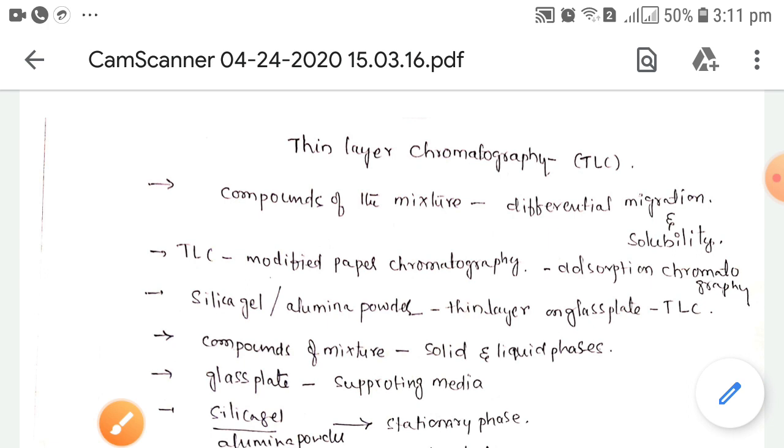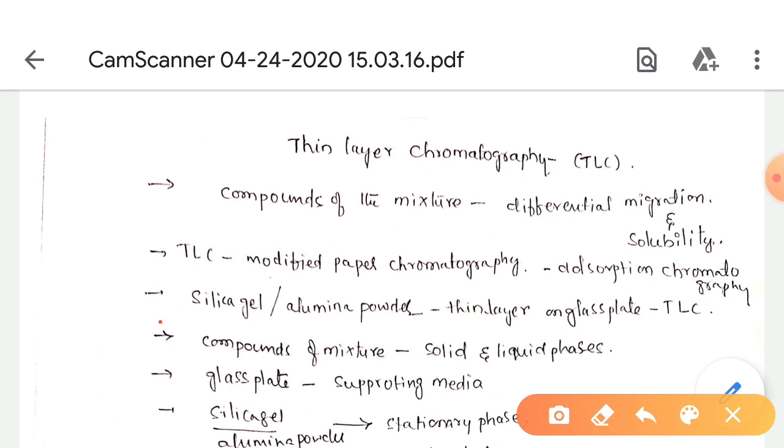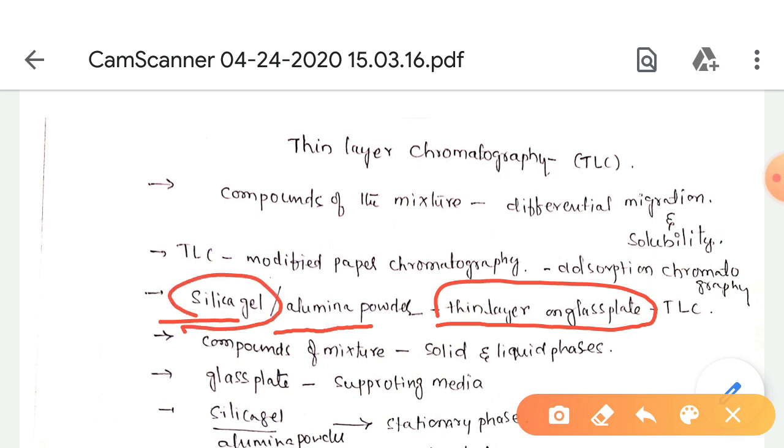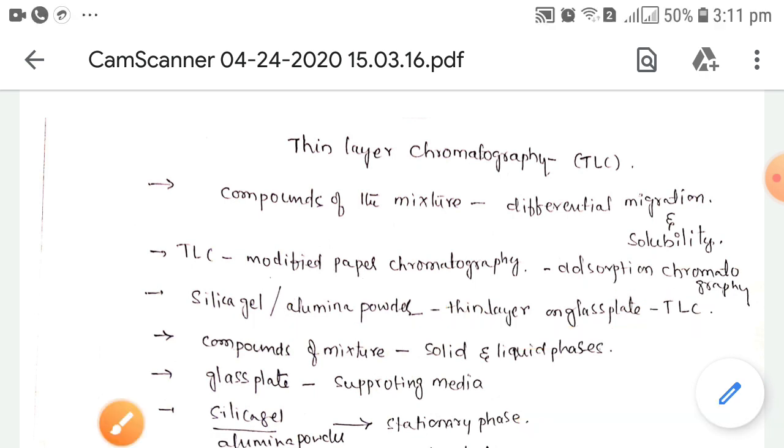So why is it called TLC, that means thin layer chromatography? In thin layer chromatography, silica gel or alumina powder is used as a thin layer on a glass plate, hence it's called thin layer chromatography.